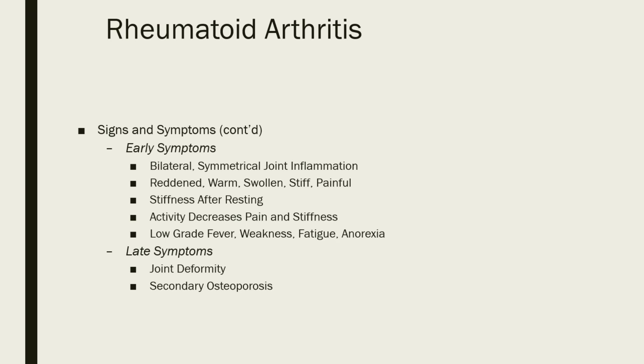It's reddened, warm, swollen, stiff, and painful. The stiffness occurs after resting. Activity will decrease pain and stiffness in these patients, and they could have a low-grade fever, weakness, fatigue, or anorexia. Later symptoms include joint deformities as well as secondary osteoporosis.